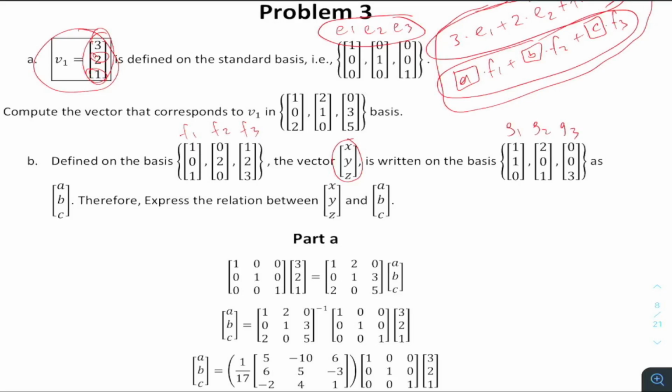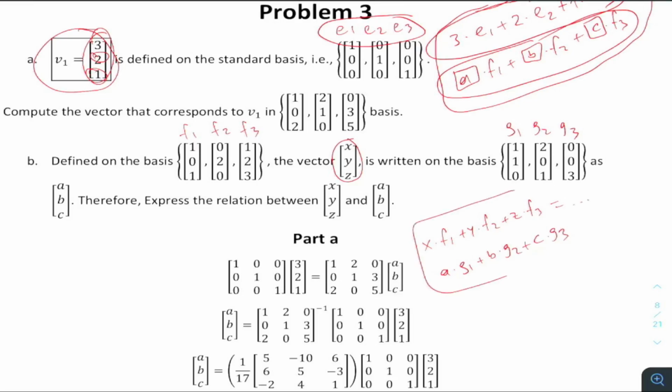So this problem basically says this: x times F1 plus y times F2 plus z times F3, these are vectors, and that is equal to A times G1 plus B times G2 plus C times G3.